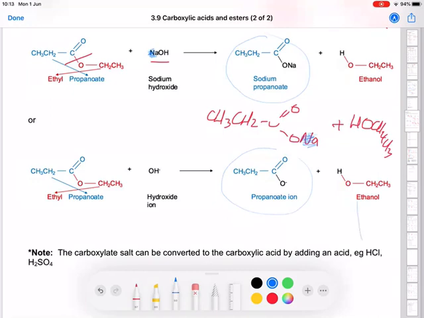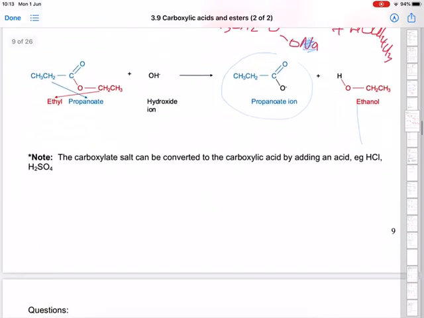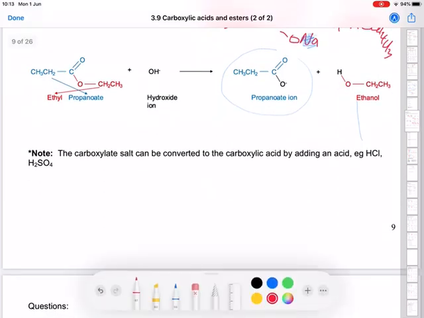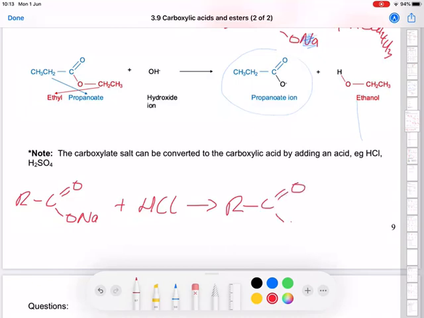Okay, so just as an example with that one is if I was to add hydrochloric acid to this, and I'll do it underneath here, okay? So RCOONa. If I now add a strong acid to that, HCl for example, I'll get RCOOH.